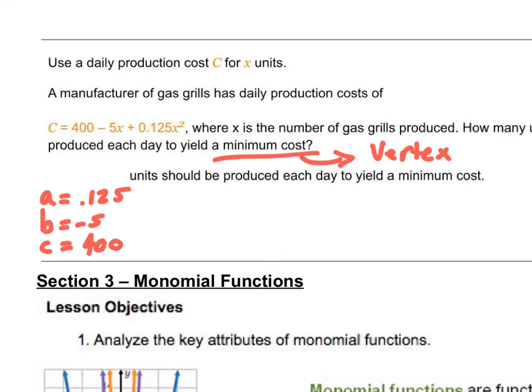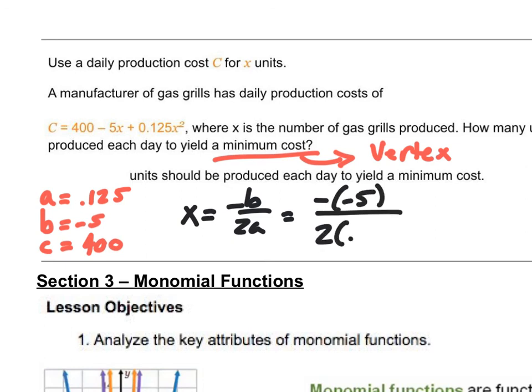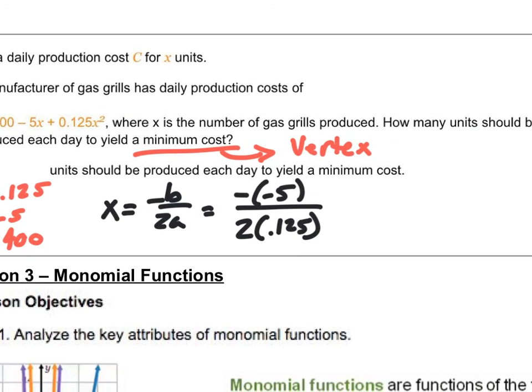So to find the x value of the vertex, I'm going to do opposite b over 2a. So that's going to give me opposite -5 all over 2 times 0.125. So if I do that arithmetic, 2 times 0.125 is just 0.25.